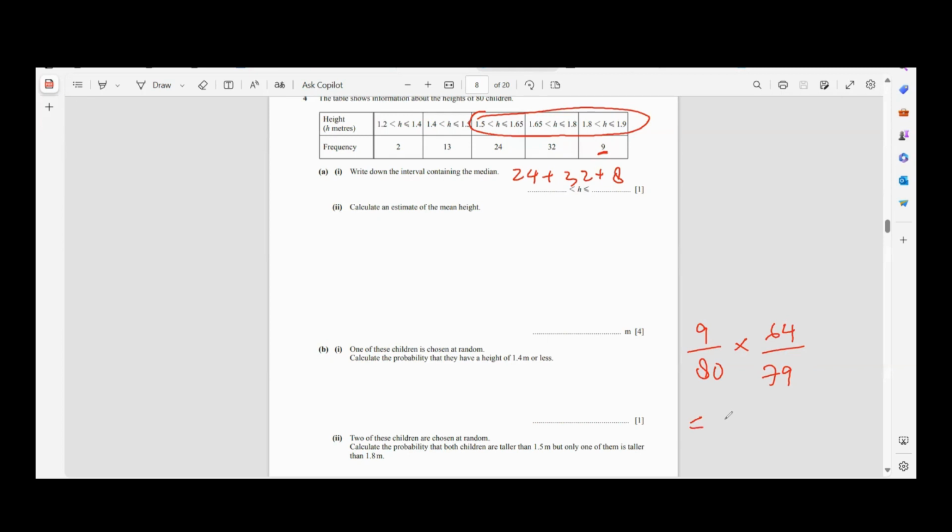If we multiply 9 over 80 times 64 over 79, we get 36 over 395. So that's for part II.